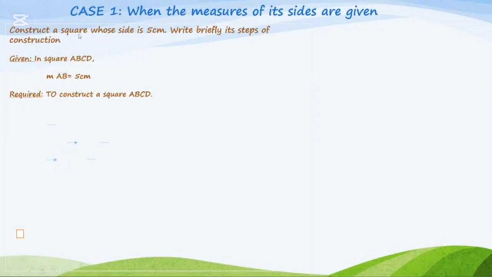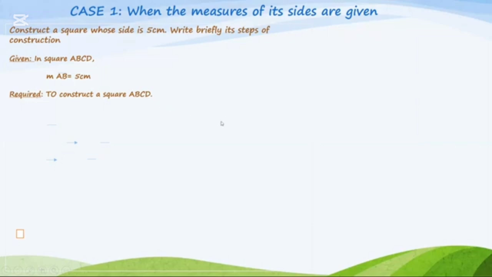It's up to you. You can mention the name ABCD, or you can mention the name PQRS. Here I have taken the name ABCD. So in the square ABCD, measurement AB is equal to 5 centimeter. It is given. What we have to do is construct a square ABCD.